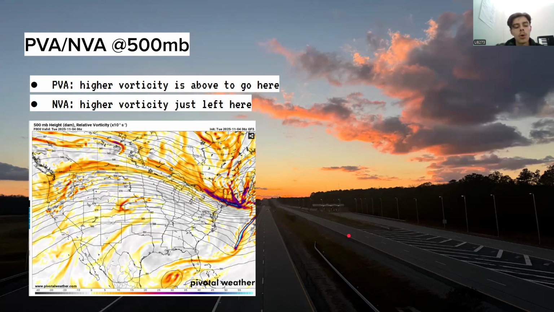Now, if we're talking about vorticity advection, what would that mean? Well, you have to think about what it means for something to be advected. In this case, if we have positive or negative vorticity advection, we're having a particle being advected, and based on where these situations are, you will be able to tell some more things, and I'm going to get to that later.